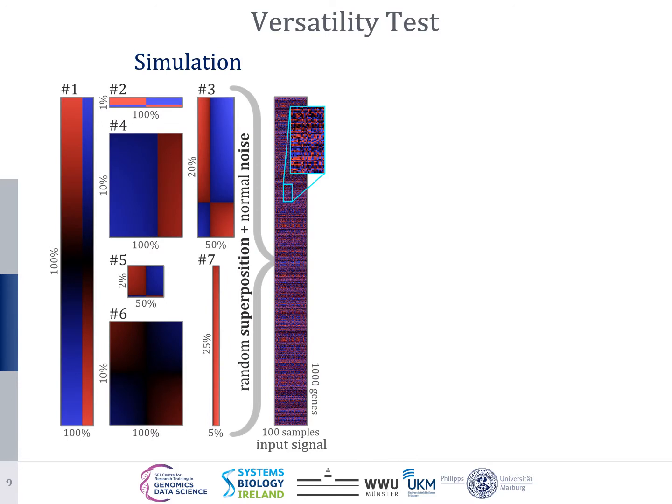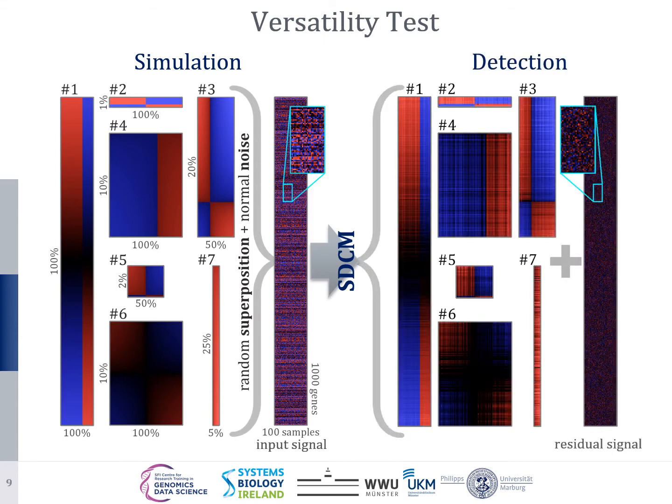To test the versatility of SDCM in higher dimensional signals, I've simulated 7 signatures of various shape and form and then randomly superposed them as I showed you in the introduction. This plus added normal noise was then added into SDCM with the task to recover the simulated signatures, which it did, plus a residual signal which was essentially Gaussian noise.